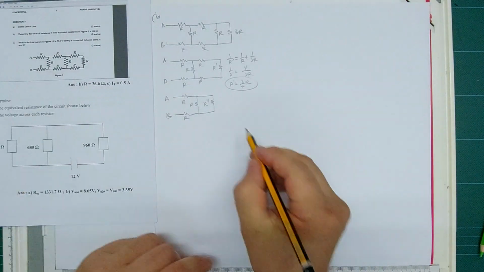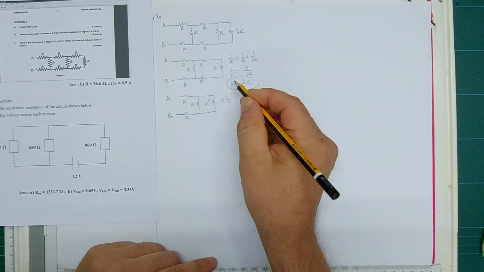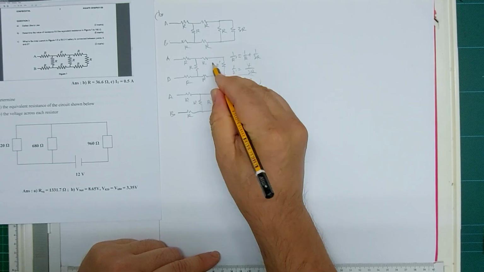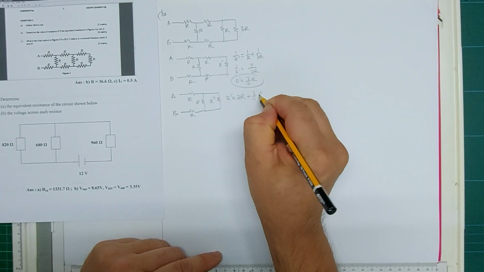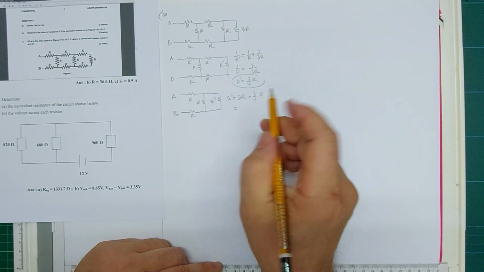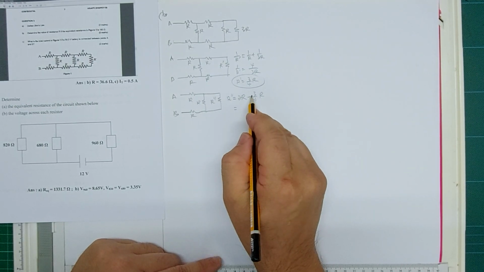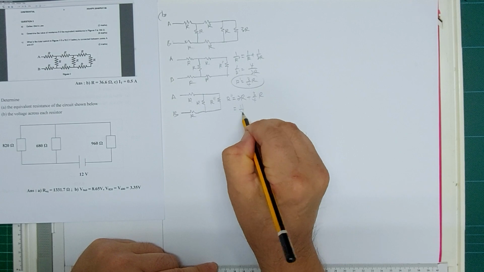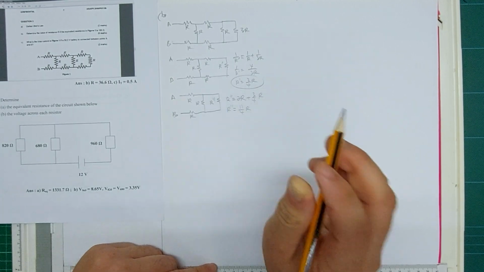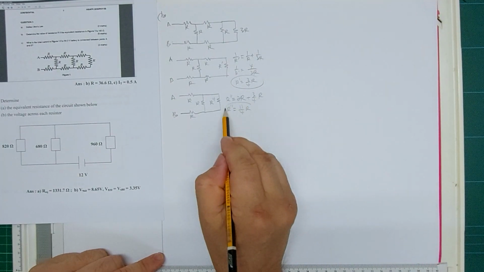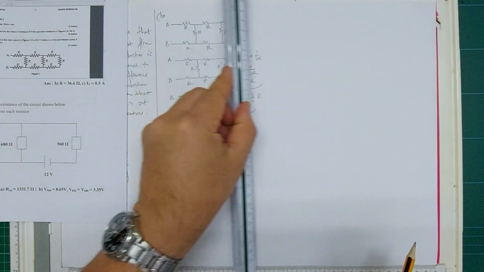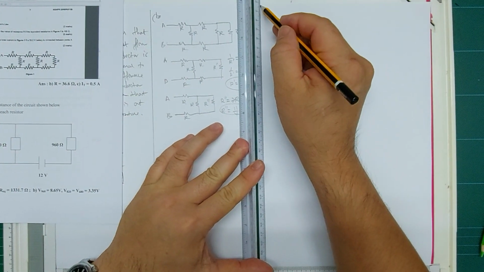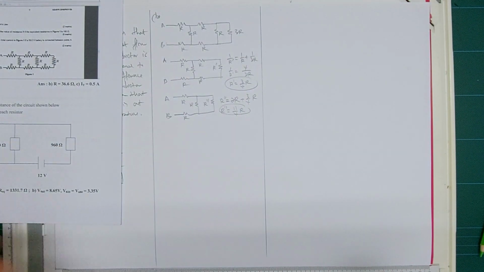Your R double prime is equal to 2R, because in series, plus your R prime, which is 3 over 4R. So what do you have? 2 times 4, plus 3 is 11. So 11 over 4R. That is our R double prime. It does not involve many numbers, just a lot of ratios, so make sure that you are good in your mathematics here. These are fractions.